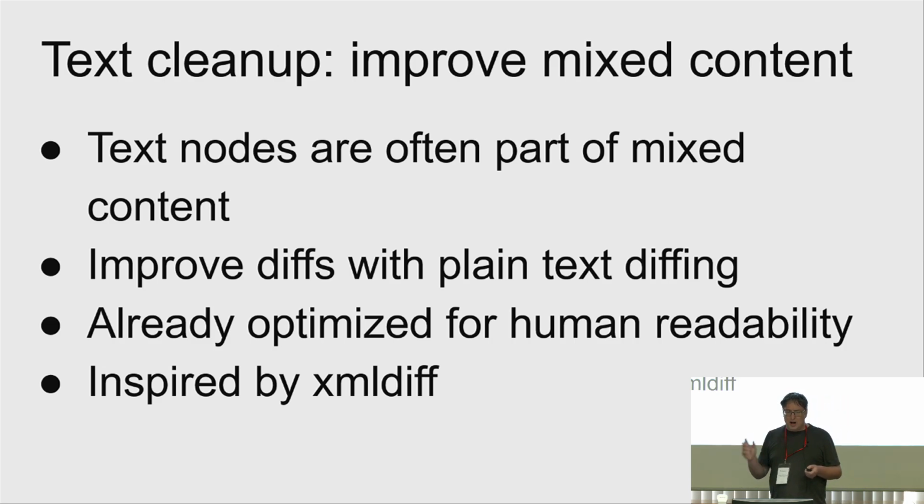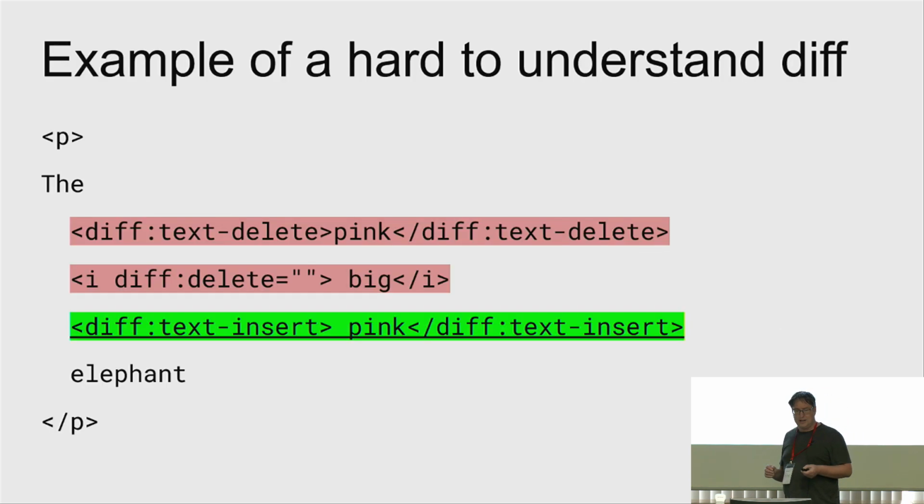We figured out a way to optimize these diffs using plain text diffing, because plain text diffing is already optimized for human readability. These algorithms have been designed to be readable. And I was inspired by XML-diff because I found a little algorithm that did something like that in there.